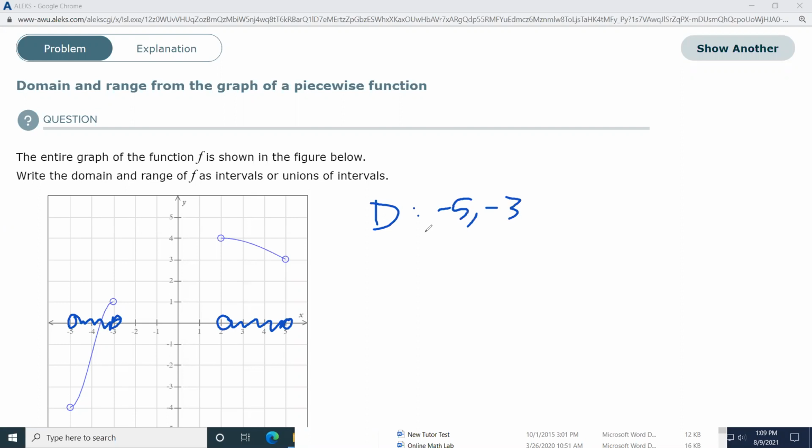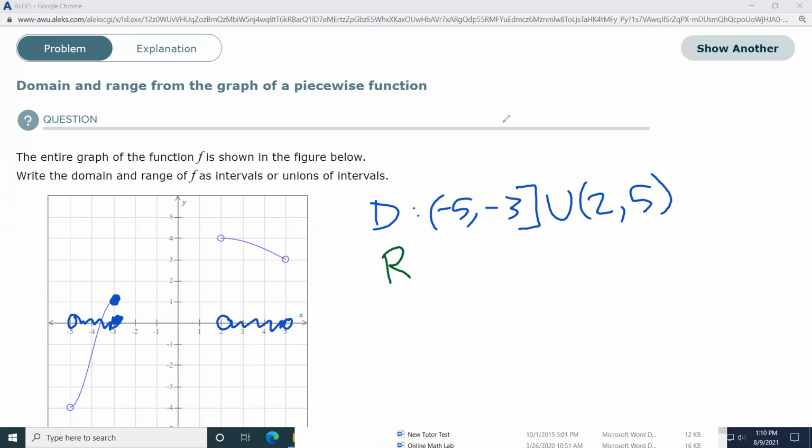I'm going to make that a solid one right there. So my -5 is still open, but my -3 is filled in. So that'll give me a bracket. And then the stuff over here is going to be 2 to 5.